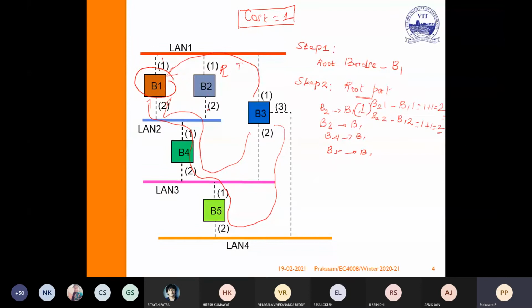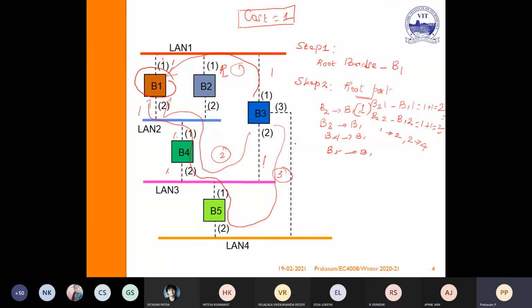Let us consider this is path 1, path 2, path 3. If I am selecting B3 to B1 through path 1, the cost here is 1, here 1, the linking cost. So for path 1, cost is 2. Suppose I am selecting path 2, here cost is 1, 1, 1, 1. So 1 plus 1 plus 1 plus 1, 4. If I am selecting path 2, cost is 4.